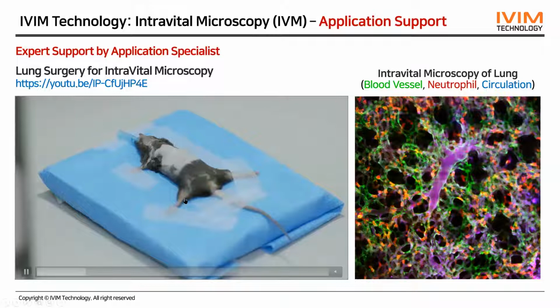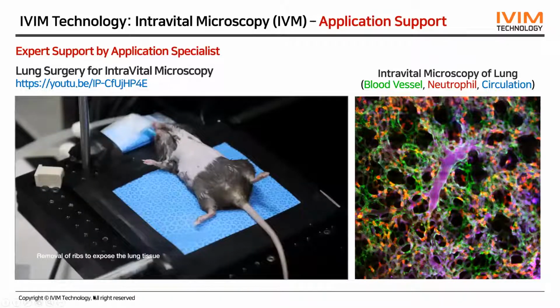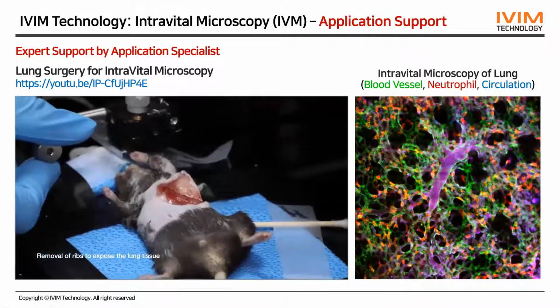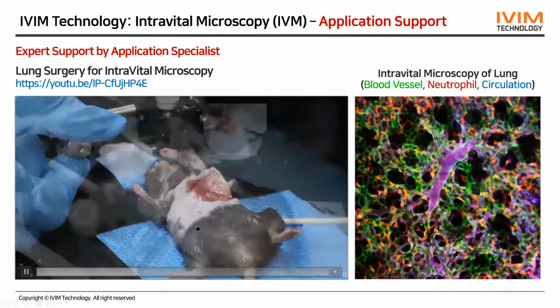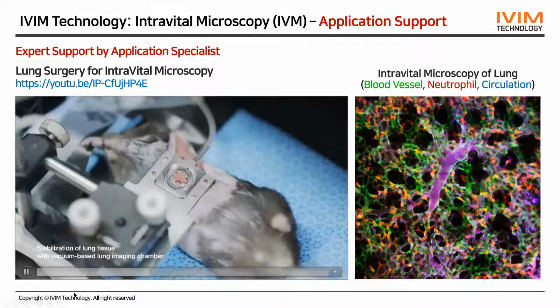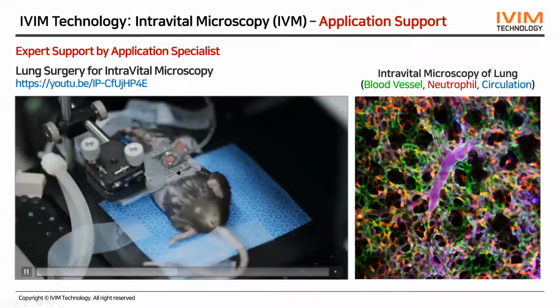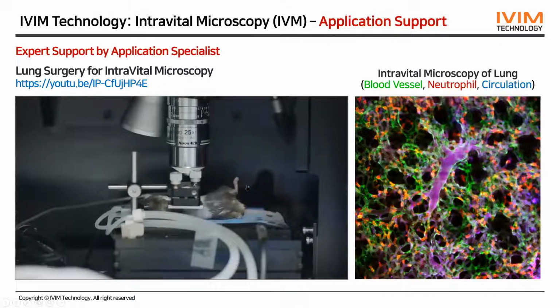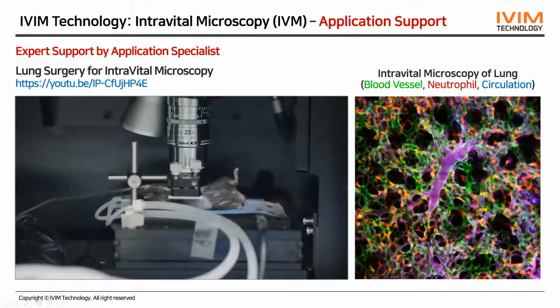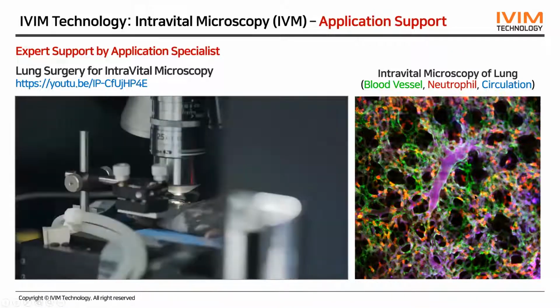So this is the YouTube video showing how to prepare the live animal model for lung imaging. So like this. And then we use the sterilized window chamber with suction micro vacuum to stabilize the lung. And then after this setup, under the microscope, we can obtain this real-time high resolution image from the lung of the sensitized mouse model.